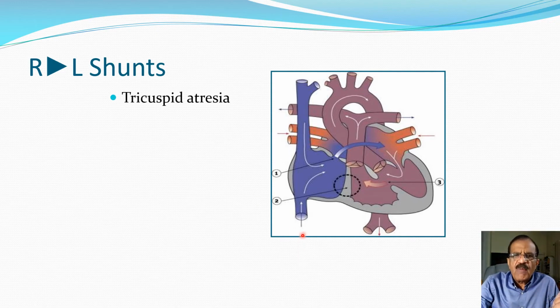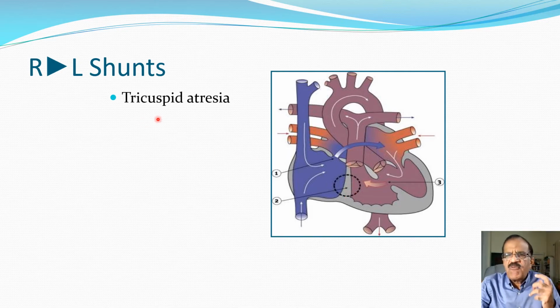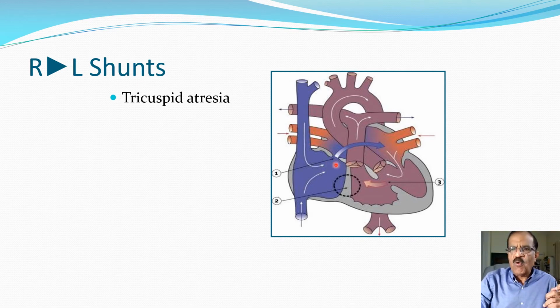So coming from the periphery, the first thing which comes in the circulation is the tricuspid valve. If the tricuspid valve is atretic, that means the tricuspid valve does not develop, then blood from the right atrium cannot go to the right ventricle. So the blood will be forced to the left atrium through a patent foramen ovale. So this will cause cyanotic heart disease.